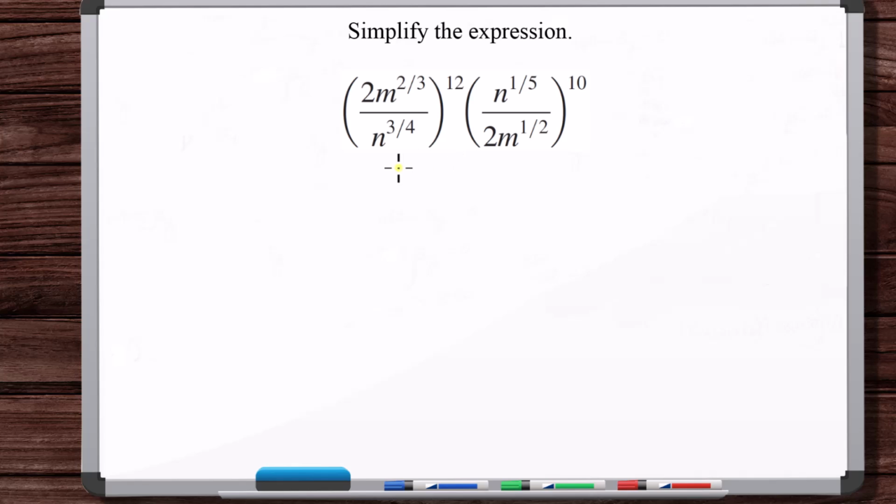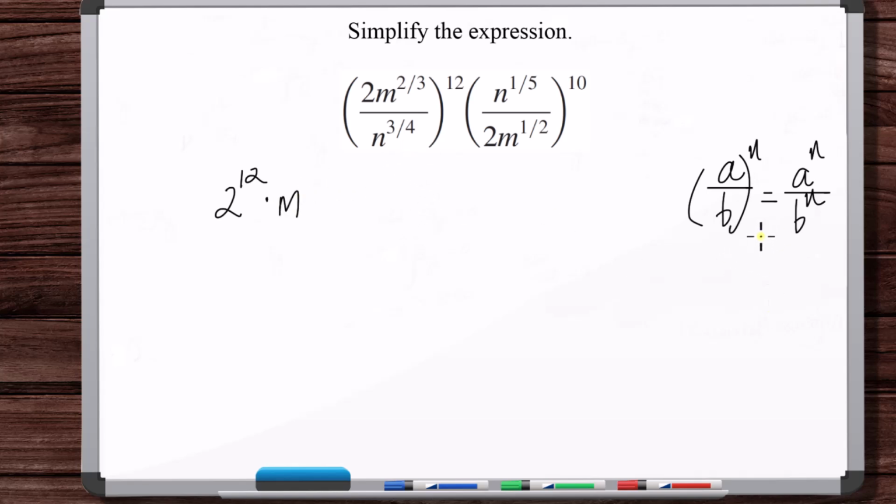Okay, so let's see. We know that if you have a over b to the n, that's a to the n over b to the n, and that applies with rational exponents, no problem. So we've got 2 to the 12 times m to the 2/3 times 12 would be what? 2/3 times 12 is 8. Okay, now n to the 3/4 times 12 is 9.